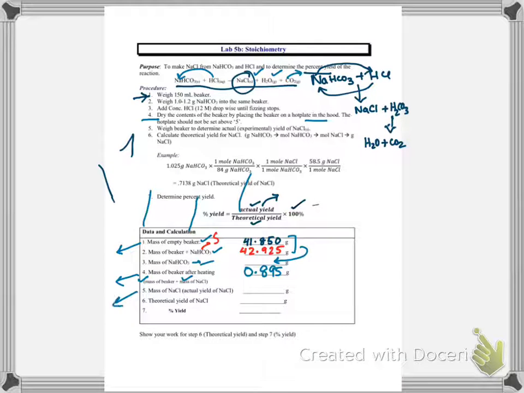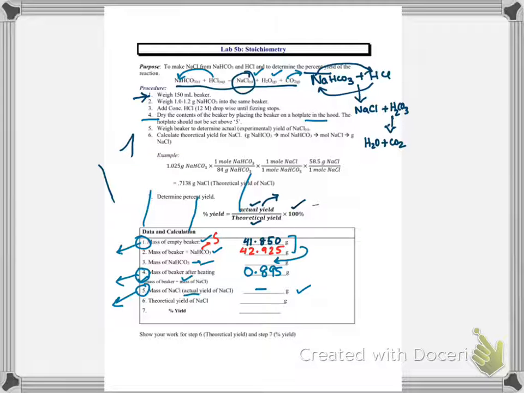Then can we calculate the mass of NaCl? And that goes here. So using step 4 and step 1, you will find the number on step 5. That is your actual yield, because you did the experiment and you found out how much NaCl is formed. So that number goes here.